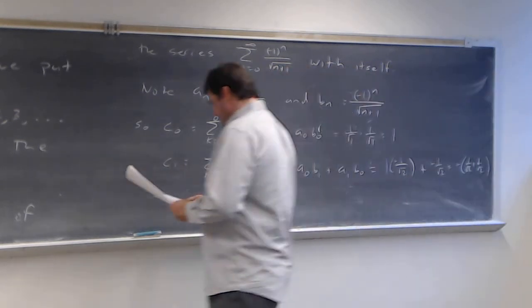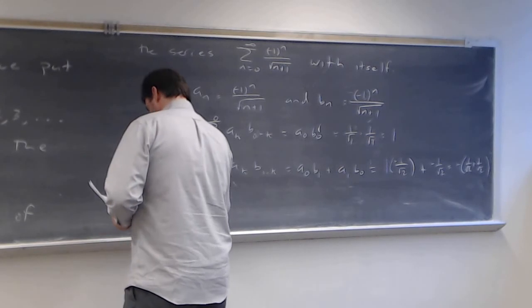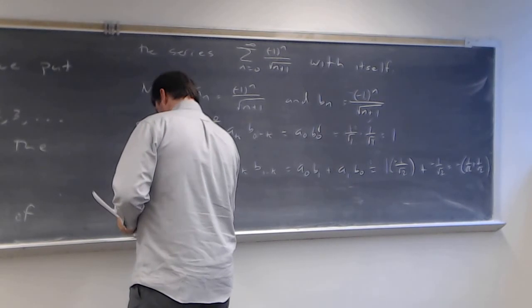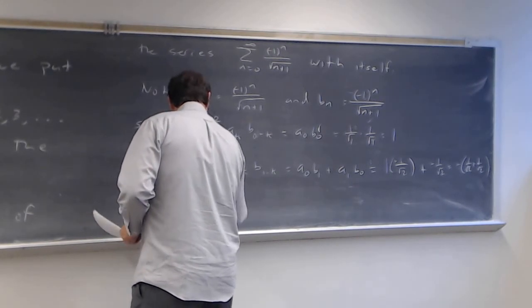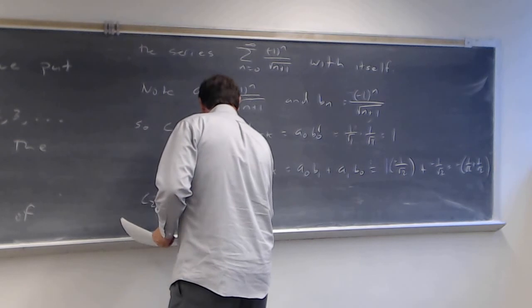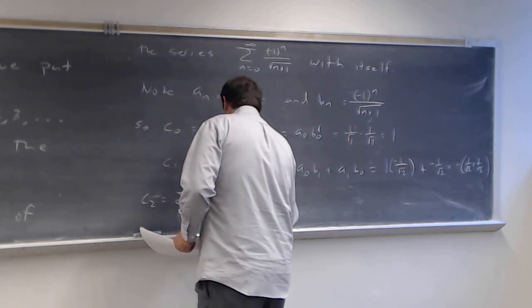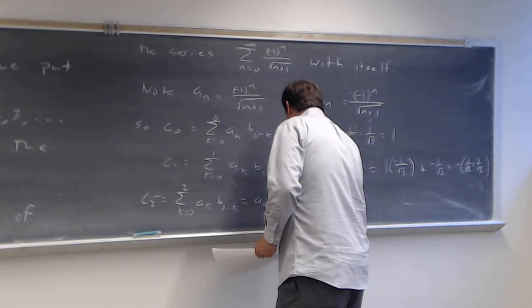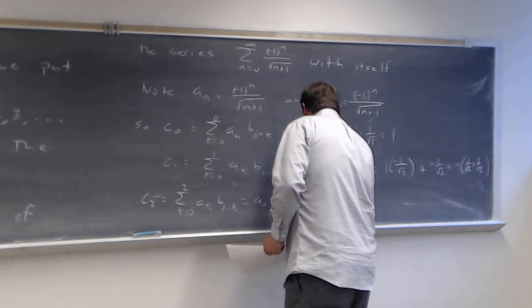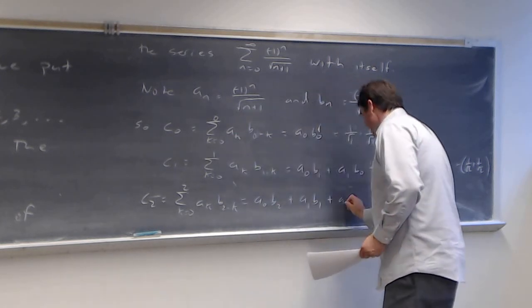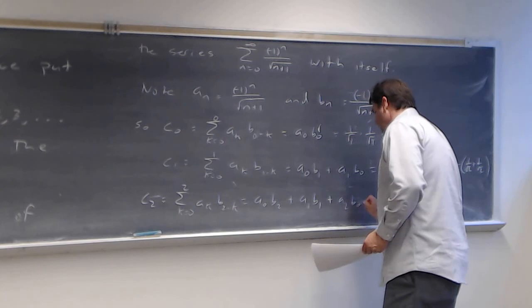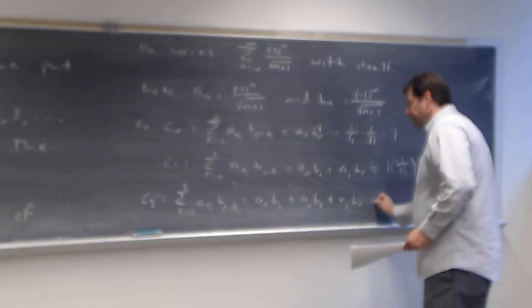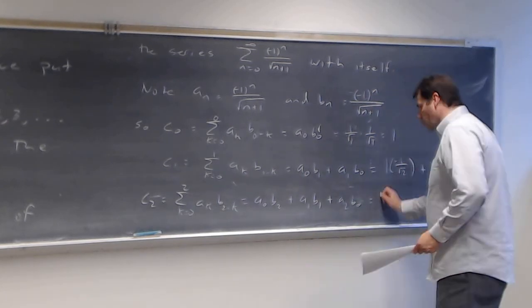Now c sub 2 is going to be equal to the sum as k runs from 0 to 2 of a sub k, b sub 2 minus k, which equals a sub 0, b sub 2, plus a sub 1, b sub 1, plus a sub 2, b sub 0. A sub 0 we know to be equal to 1.